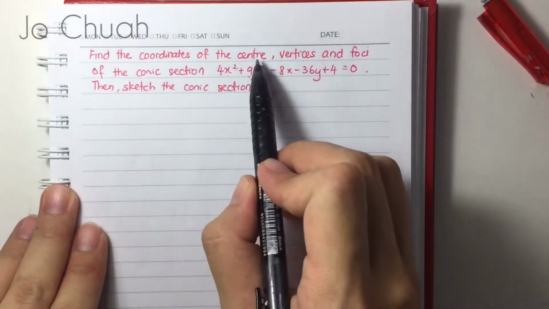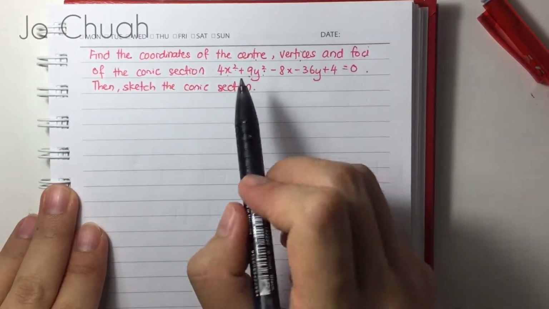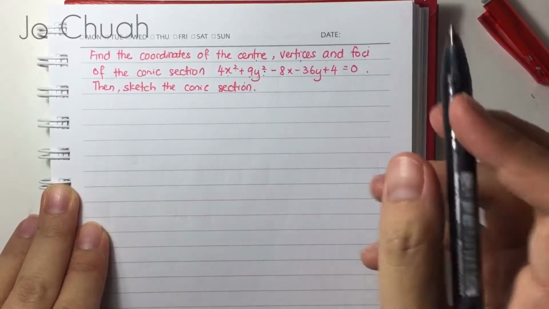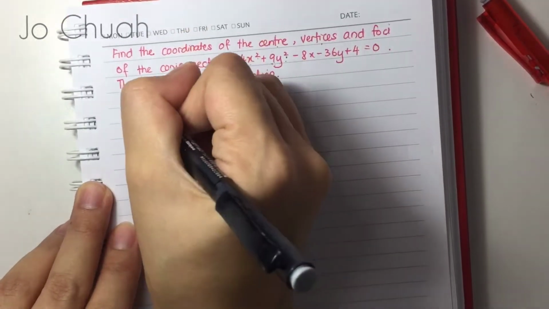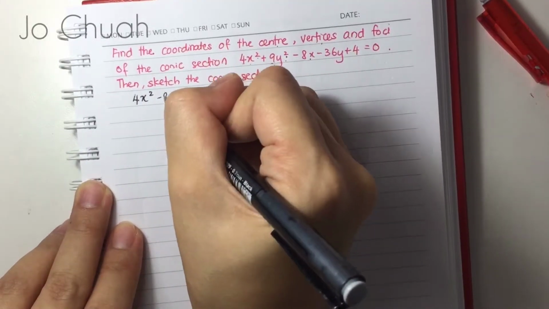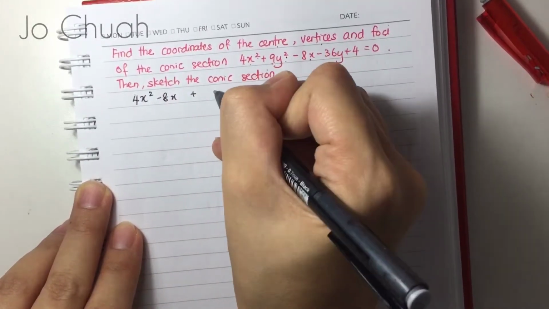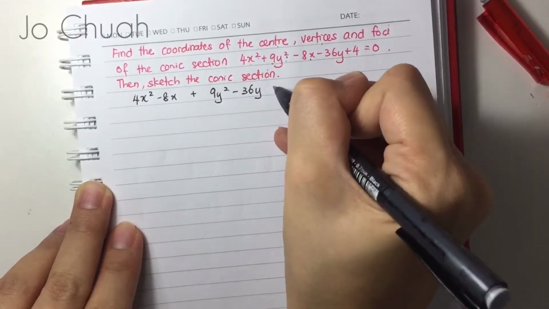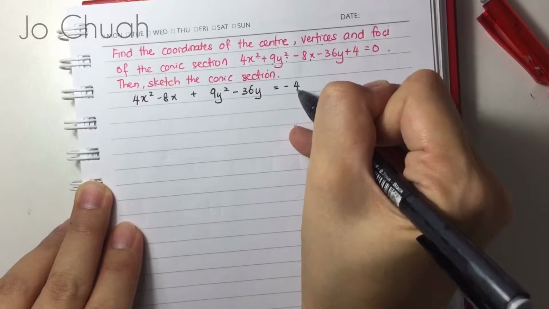To find the center, vertices, and foci, you first have to complete the square to get it into standard form. So for completing the square, you arrange all the x terms together and the y terms together, and then the constant to the back.